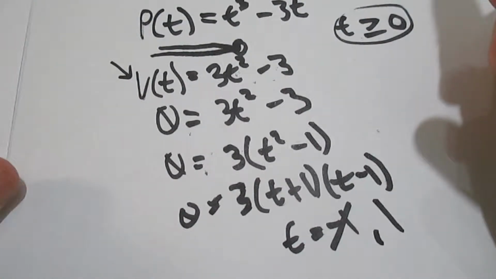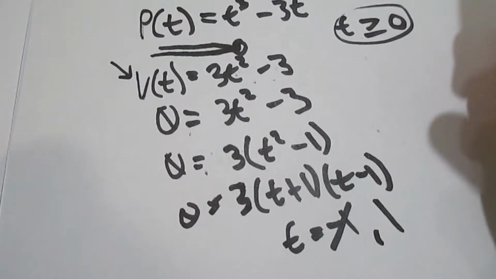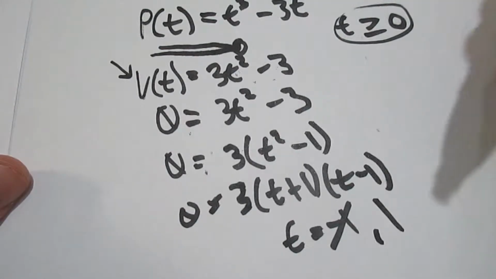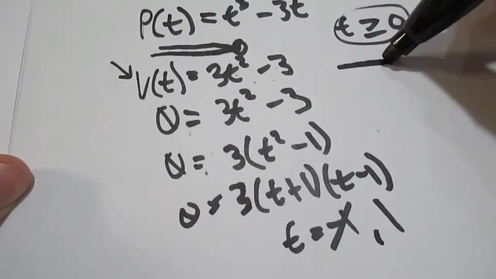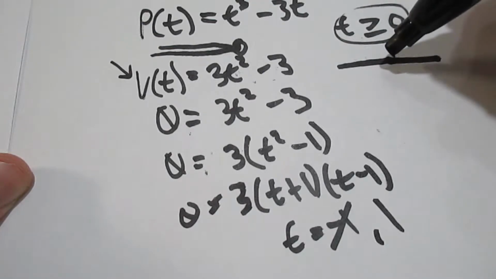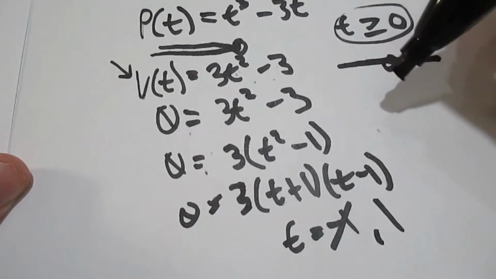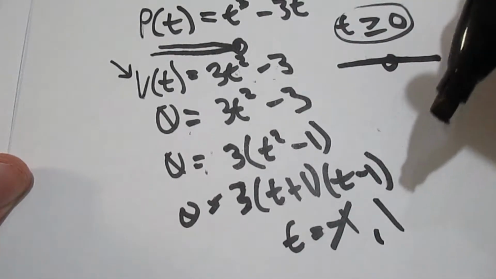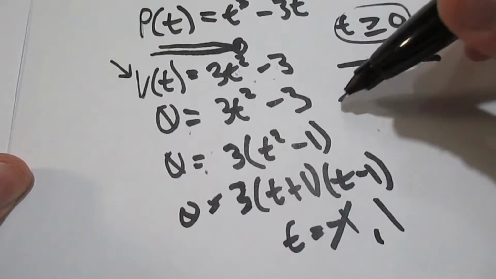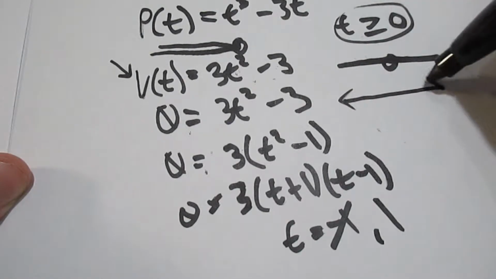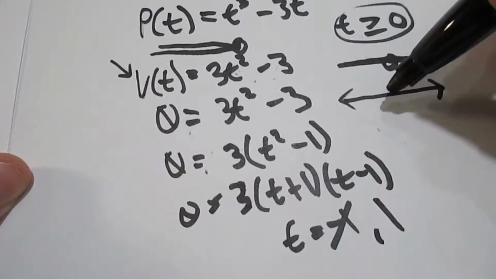And you've got to check this as well, because maybe I was walking and I stopped, but then I kept going. So it doesn't always mean that you change direction when your velocity is 0. So we do have to check this. Let's make what we call a sign line. You just make a little line, basically just charting what your velocity is. It's very simple.